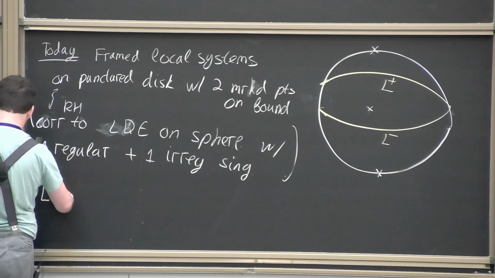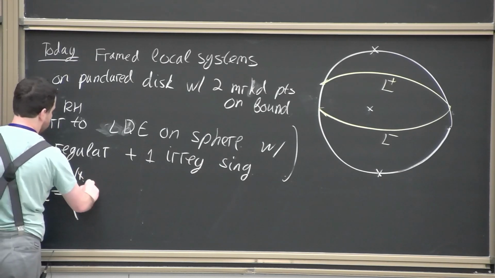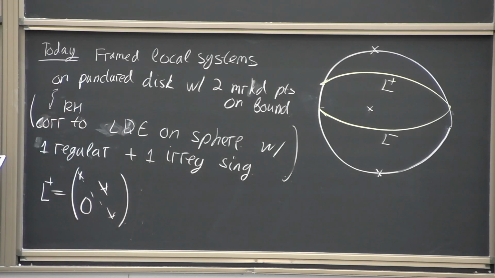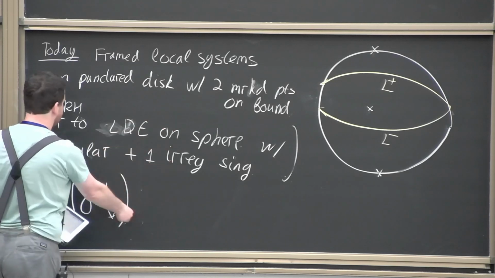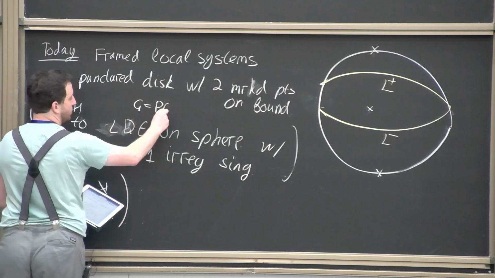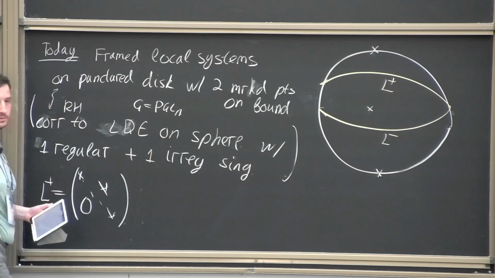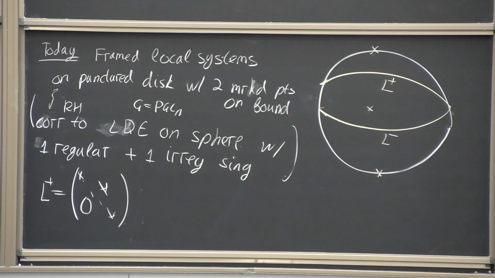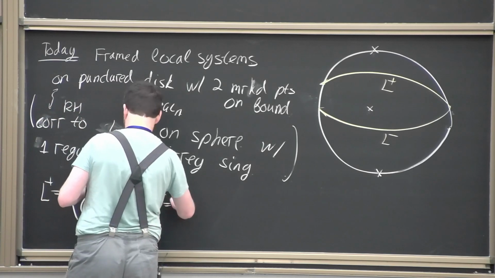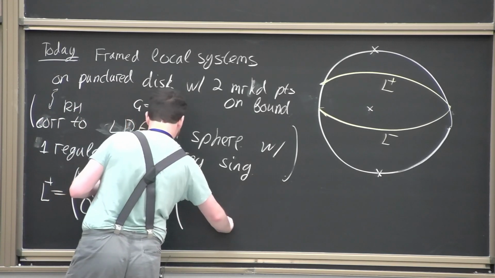Let me already say that from now on my group is PGL_N. So L plus is upper triangular, and L minus is lower triangular.